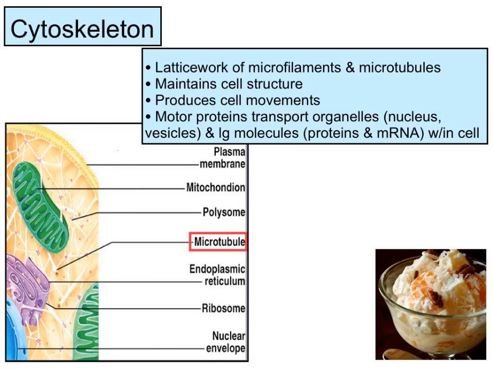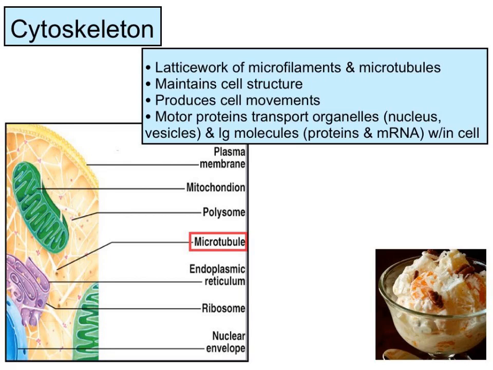So our cytoskeleton is a lattice work of microfilaments and microtubules. So very small filaments or threads, and microtubules, very small tubes. And these help to maintain cell structure, just like a lattice in a garden gives some structure to the vines that are growing up it.